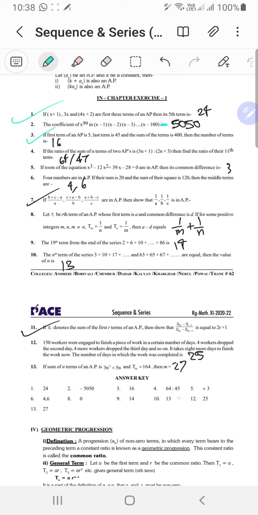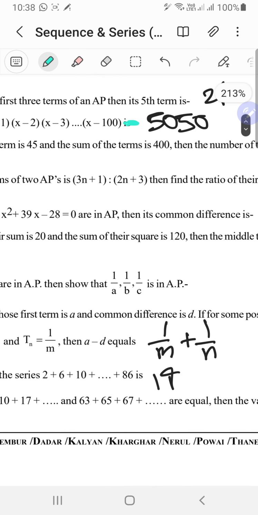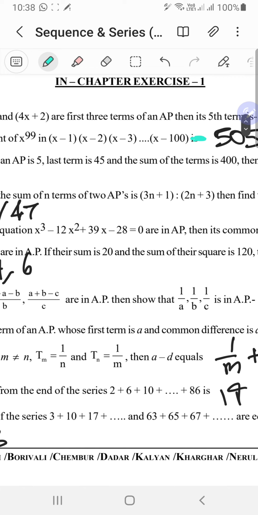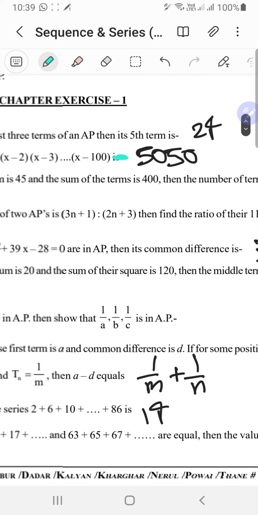16. Yes. 64 is to 45. No, I got a different thing though. So you just put 21, right? 21 times 2 is 42. 42 plus 3. You do put 21. What's the big deal about it? It should be 64 upon 47. What could go wrong?